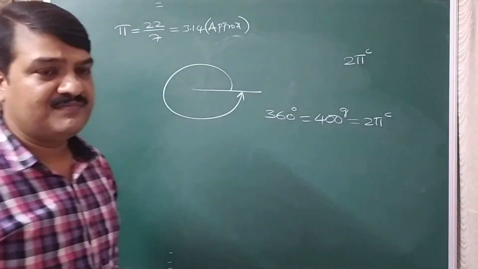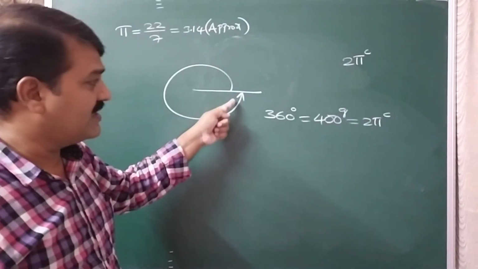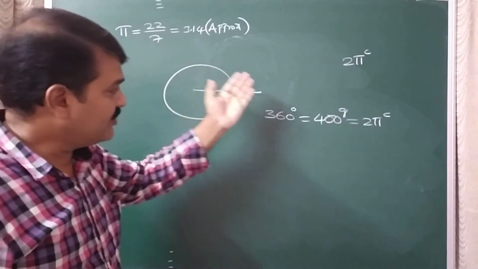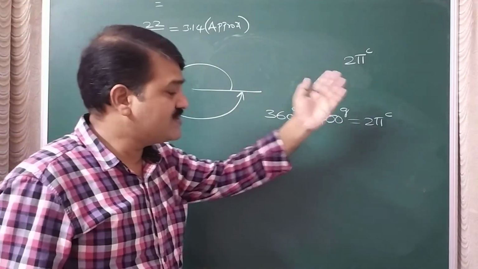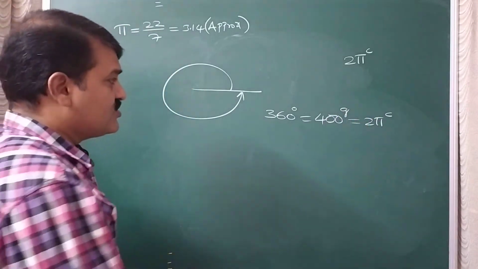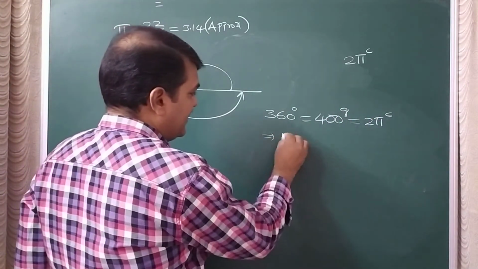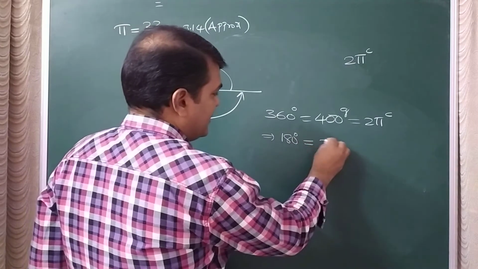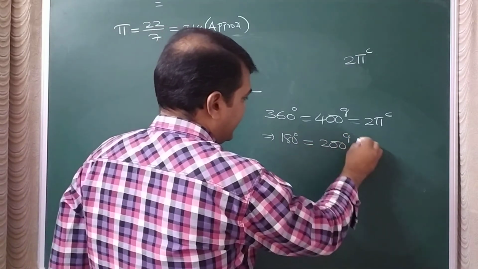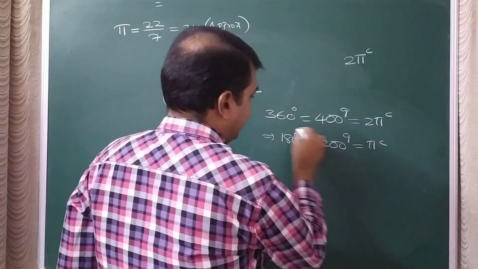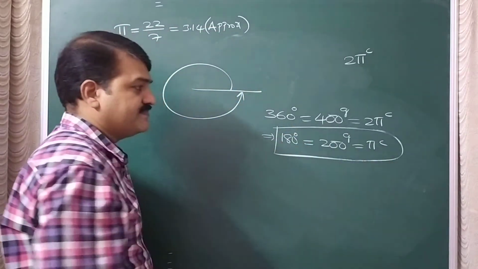This is the relation. I took one complete circle, and found what it is in degrees, in grades, and in radians. If you simplify, we will get 180 degrees is the same as 200 grades is the same as pi radians. This is the basic relation.